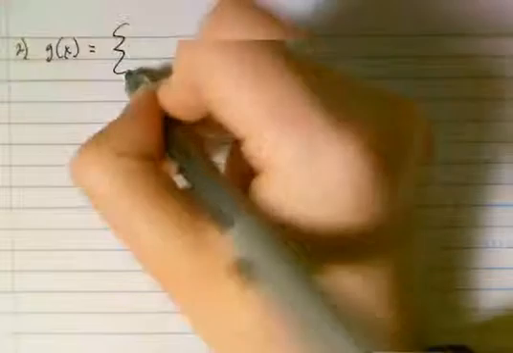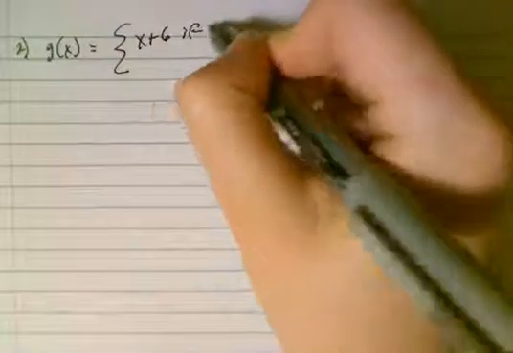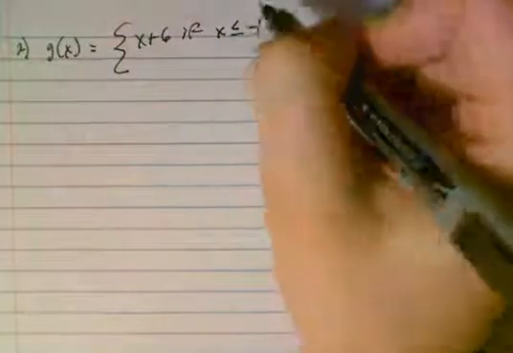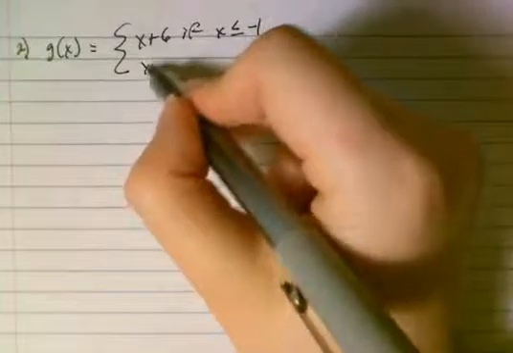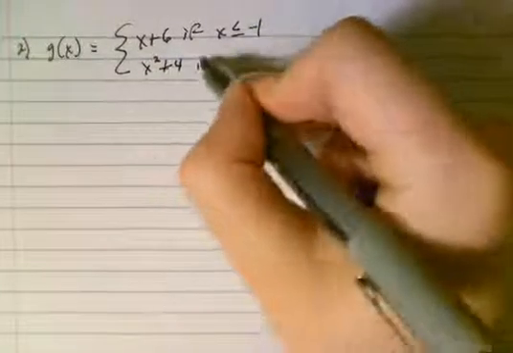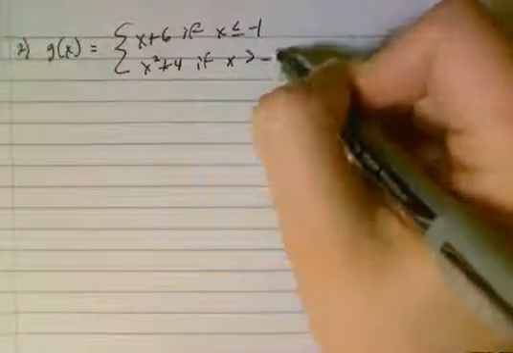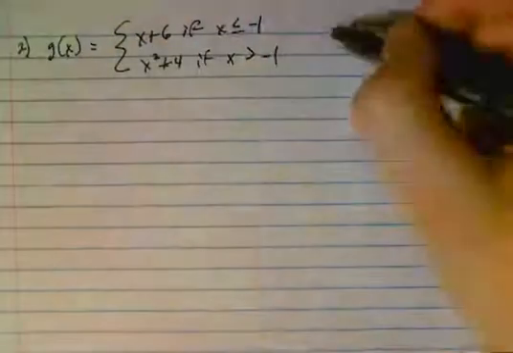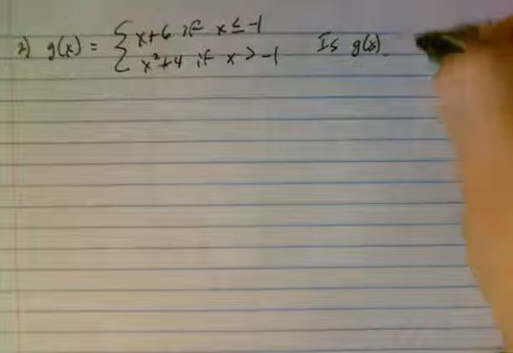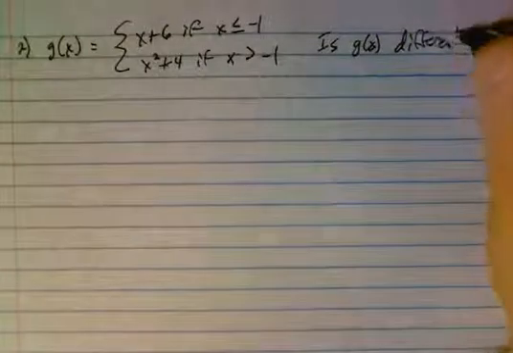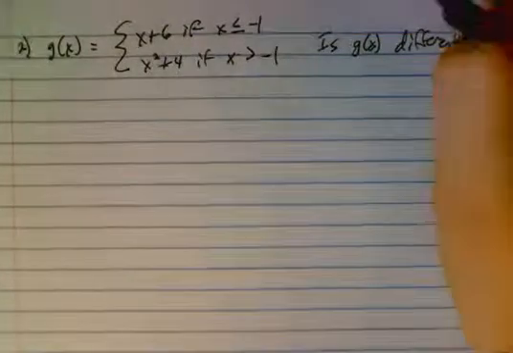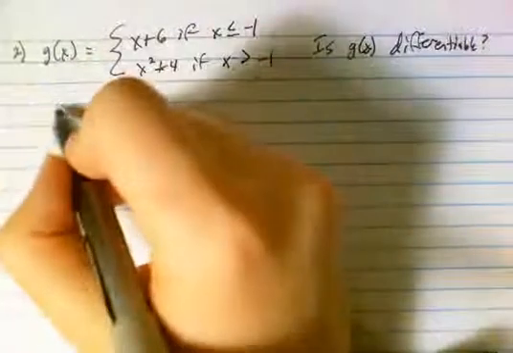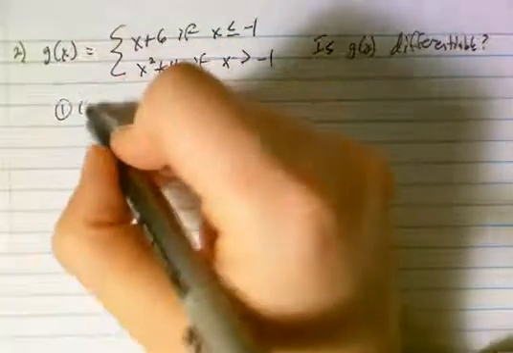For our second problem, let's say g of x is x plus 6 if x is less than or equal to negative 1, and x squared plus 4 if x is greater than negative 1. Is g of x differentiable? First, let's check, is it continuous?